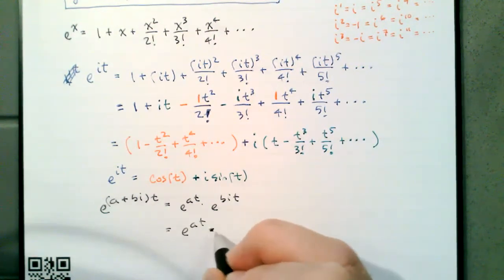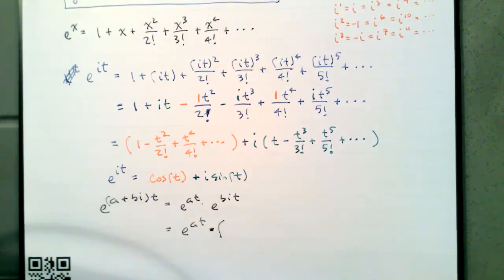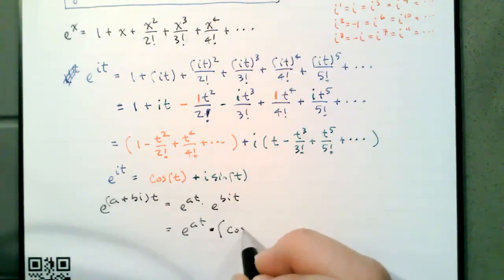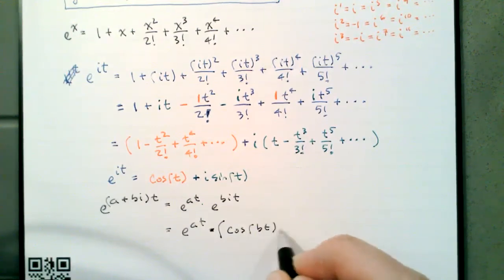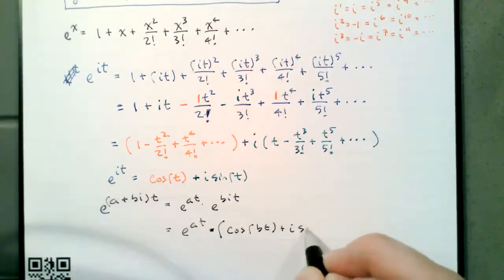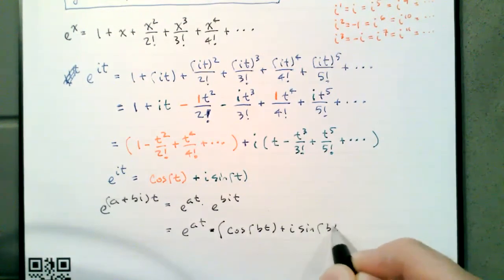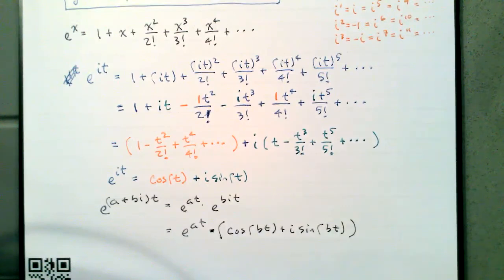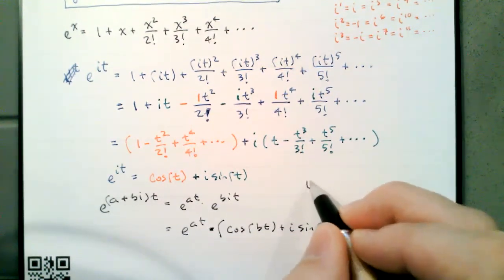Oops, not times, equals. And the e to the bi times t is just going to be the cosine of bt plus i times the sine of bt. And so now we've stumbled upon Euler's formula.